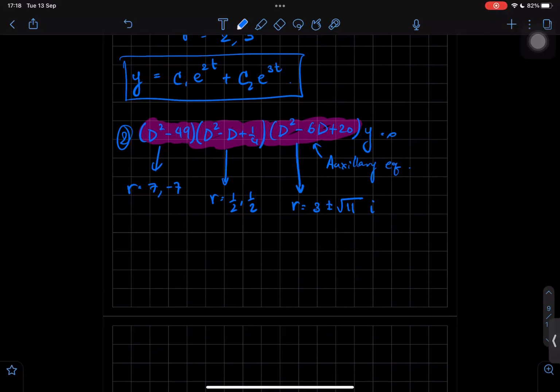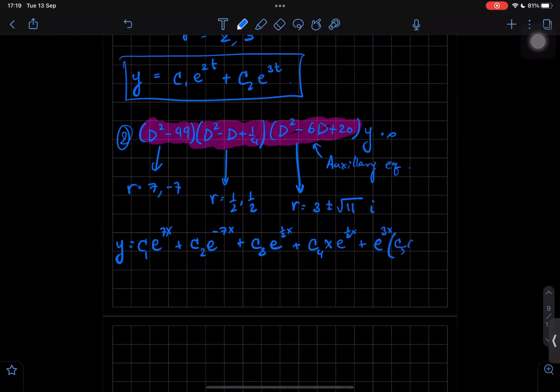Okay, so when you get this, you know y is equal to c1 e to the 7x, plus c2 e to the minus 7x, plus c3 e to the 1/2 x, plus c4 x e to the 1/2 x, plus e to the 3x, c5 cos square root 11x, plus c6 sine square root 11x.